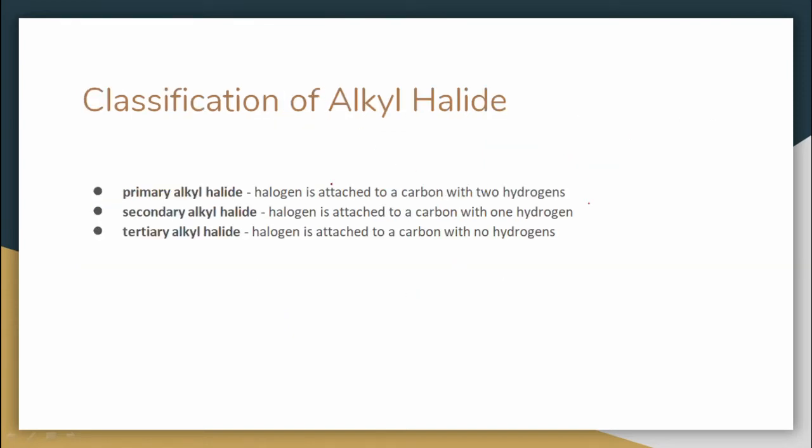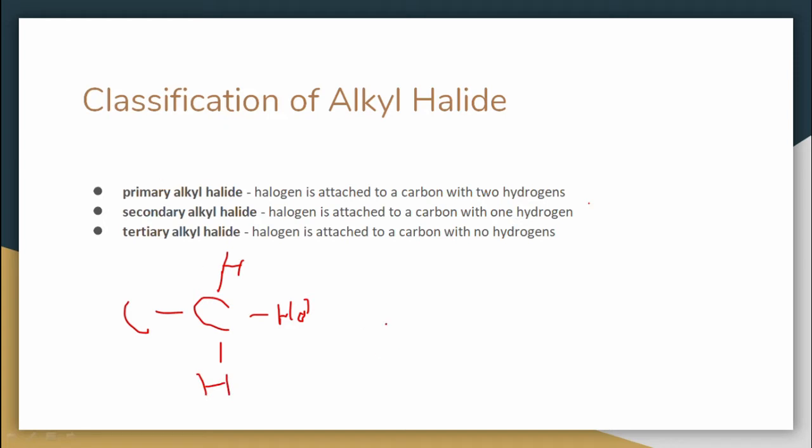Classification of alkyl halide. There are three main classes, which are primary, secondary, and tertiary. In the primary, the halogen is attached to a carbon with two hydrogens, so let's draw that. This is the halogen, and this is carbon. This carbon only connects with two hydrogens.